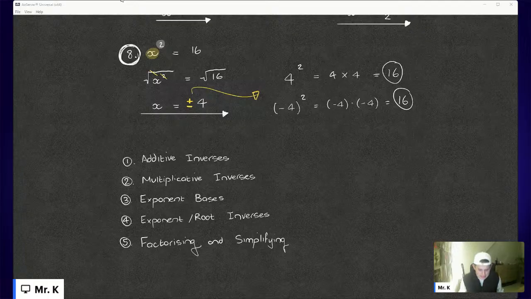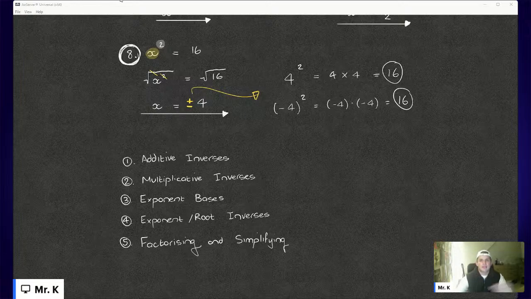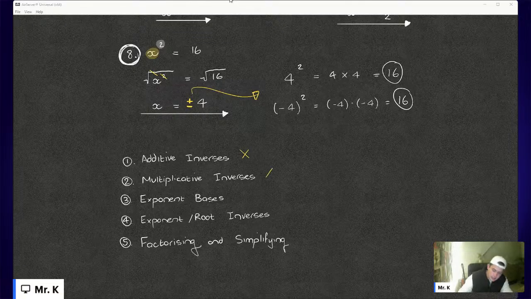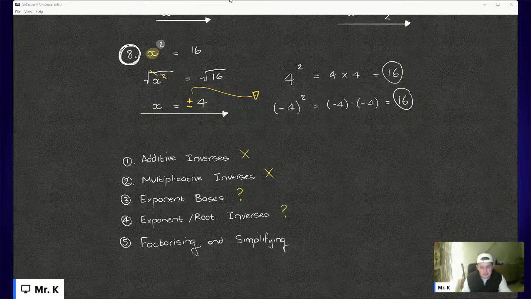But like I said at the beginning of the lesson, it's more about me trying to show you guys that we have a few different tools at our disposal when it comes to solving, right? If I have an equation where I don't have any adding or subtracting or multiplying or dividing, maybe I want to look at using exponents or root signs, right?